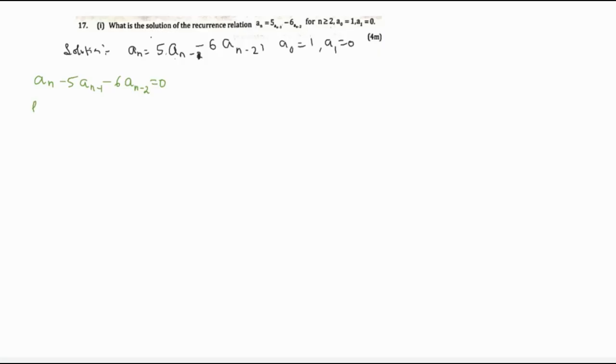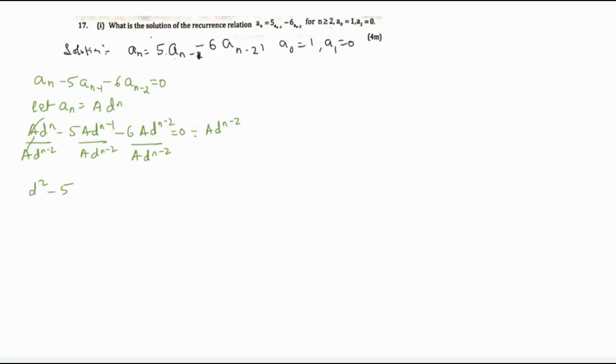Now let us take a_n as capital A d^n. So altogether A d^n minus 5 A d^(n-1) minus 6 A d^(n-2) equals 0. Now divide by A d^(n-2). The A's get cancelled, we get d squared minus 5d minus 6, which equals 0.